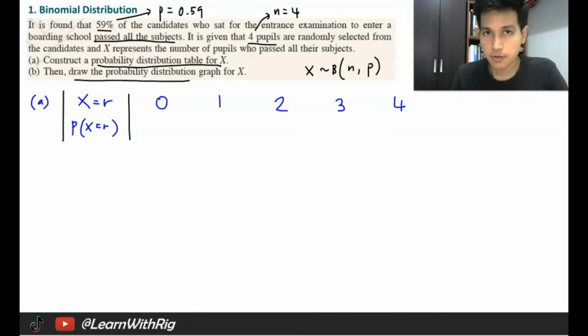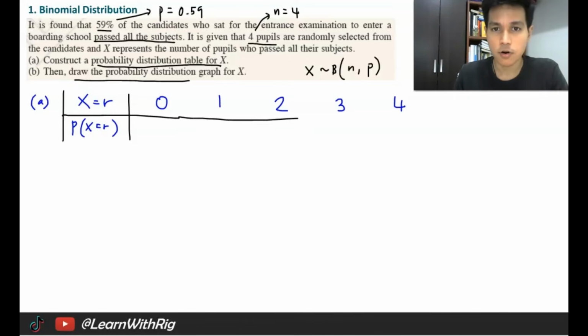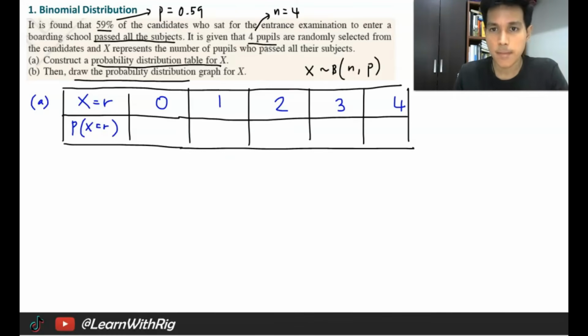Can I have 5? No, because you only have 4 people in this trial. Only 4 people are randomly selected from these candidates, so it's impossible to have more than 4. So these are all your outcomes: 0, 1, 2, 3, 4. You have to find the probability for all of these possibilities. Now you can straight away use the formula. So the formula was what?